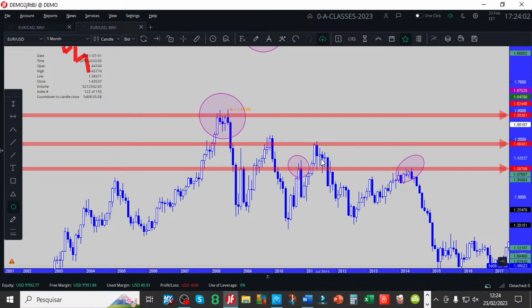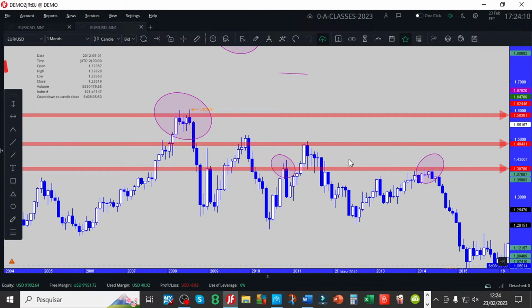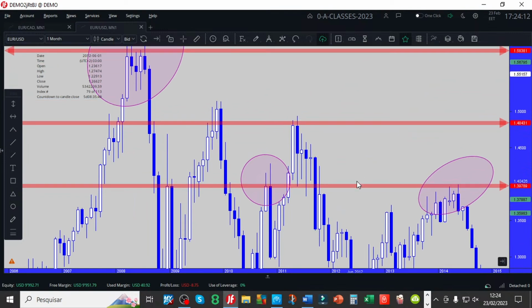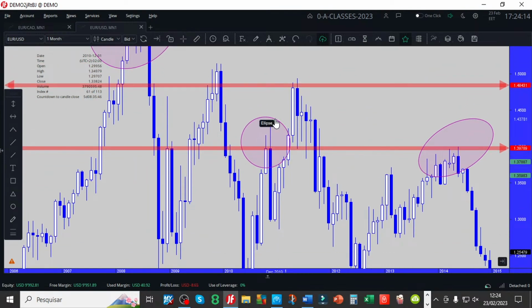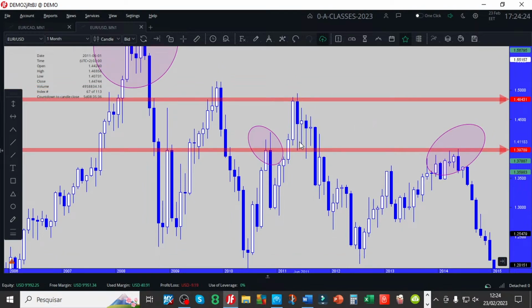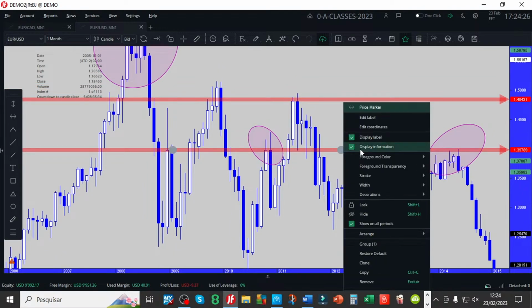Do you see it? The market hit from the upside down in here a few times, and it could not break. Can you see it, everybody? Now this is going to make this line change color to a pivot point.